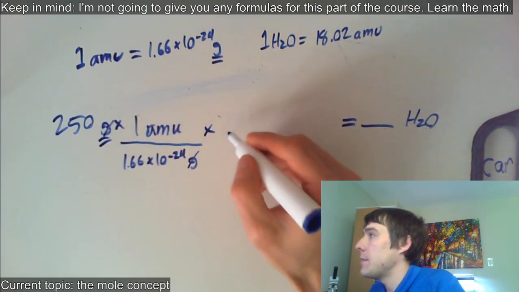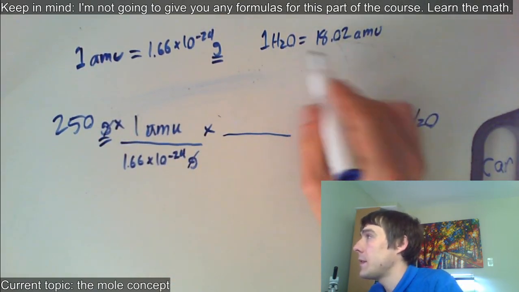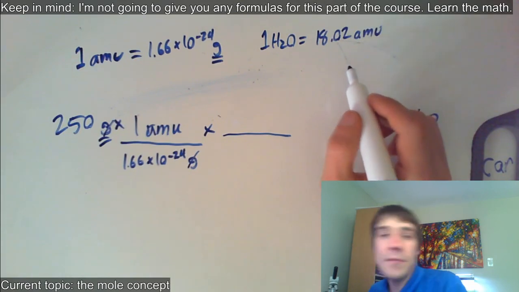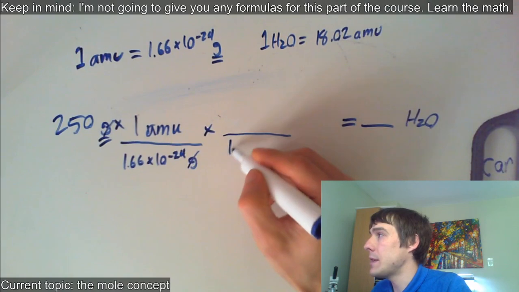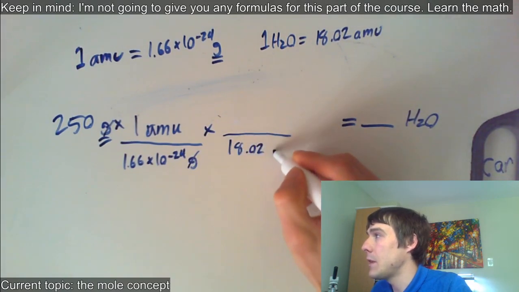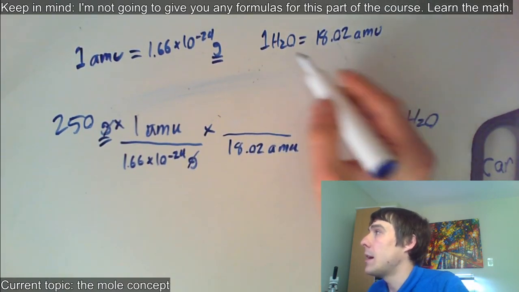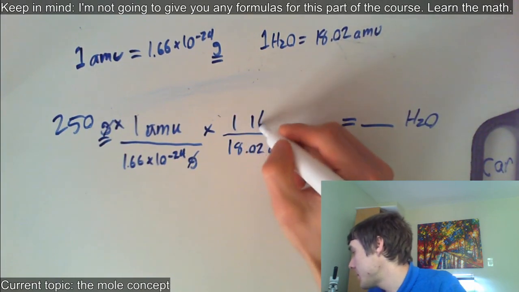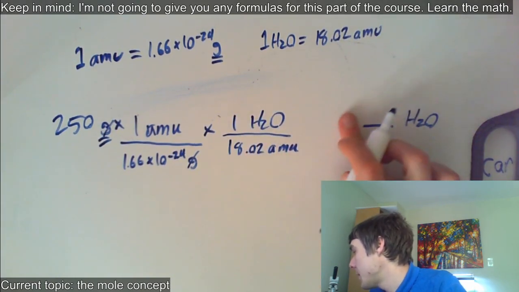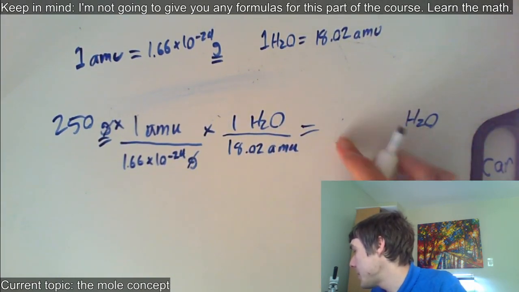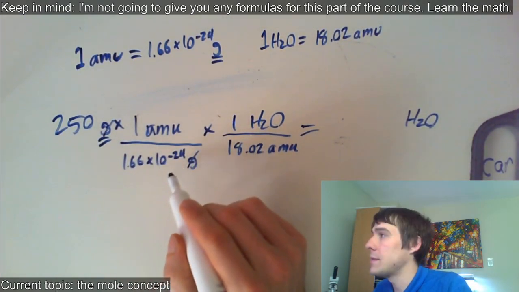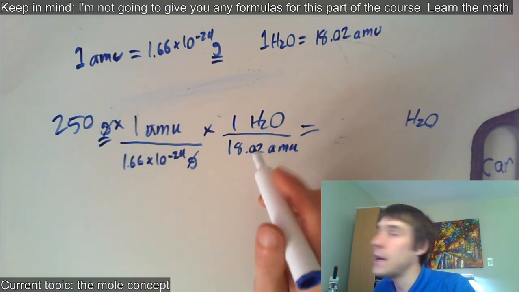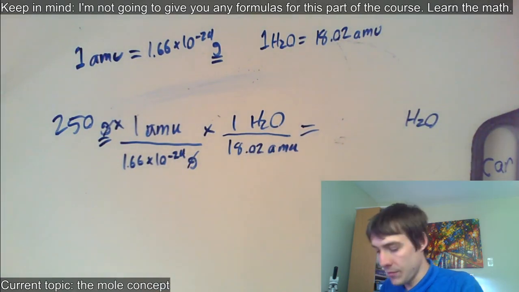Now I'm in AMU. And then going over here, 1 H2O is 18.02 AMU, same concept. I want to cancel my AMU, so this has to be on the bottom, 18.02 AMU, and my 1 H2O has to be on the top. And so my answer is going to be 250 divided by 1.66 times 10 to the negative 24, and then divide again by 18.02.